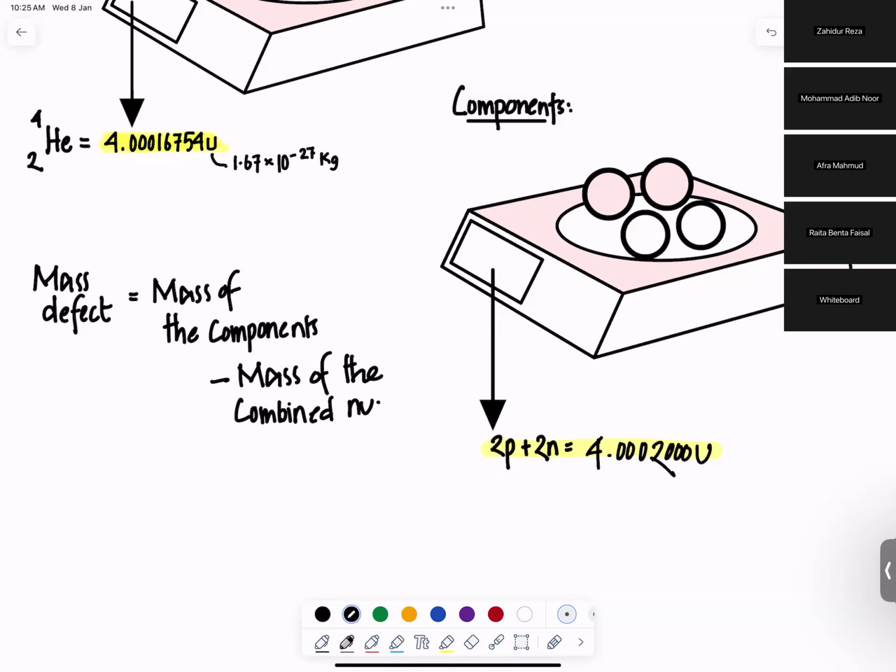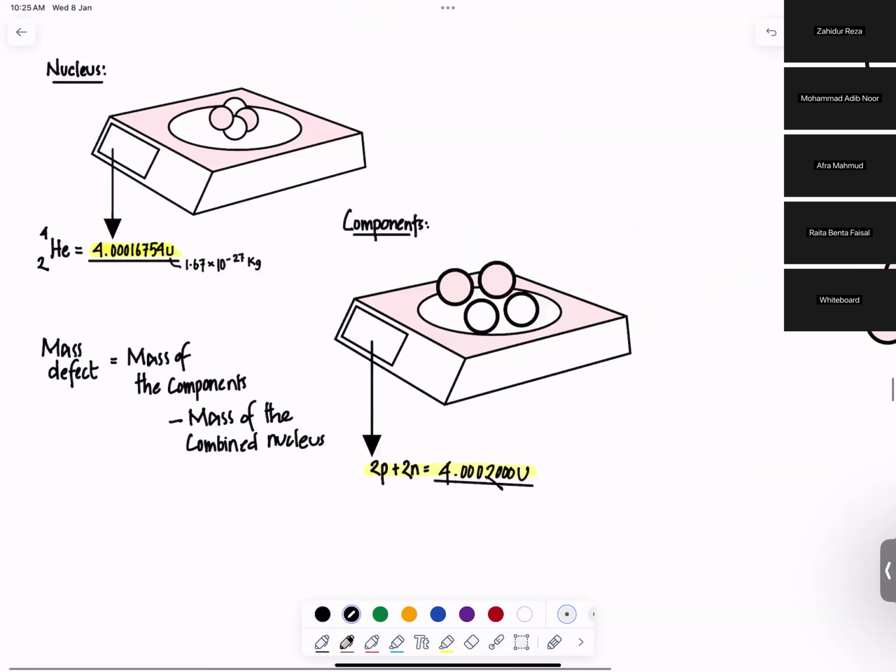So we found that the individual particles always gave you a higher mass compared to the nucleus. So এটাকে mass defect বলা হয়েছিল. So I'll define mass defect one more time, okay?